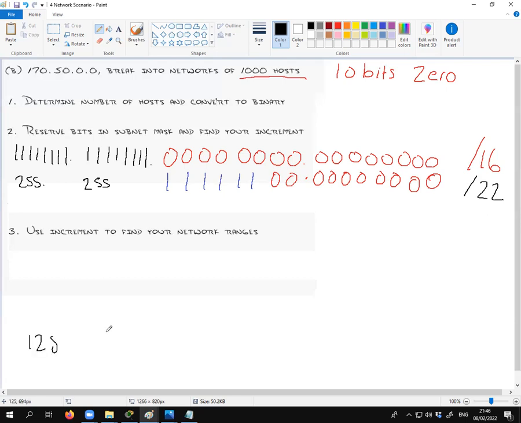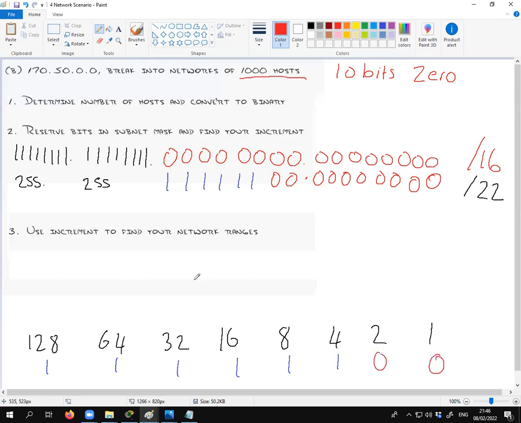Now I'm going to draw a table here: 128, 64, 32, 16, 8, 4, 2, and 1. 1, 2, 3, 4, 5, 6 ones, and then 0, 0.